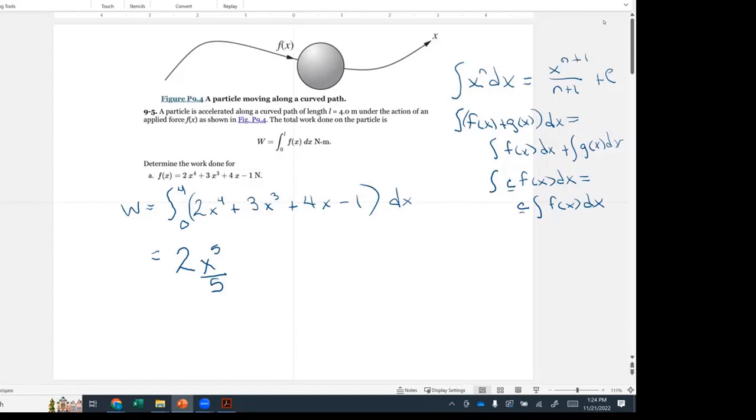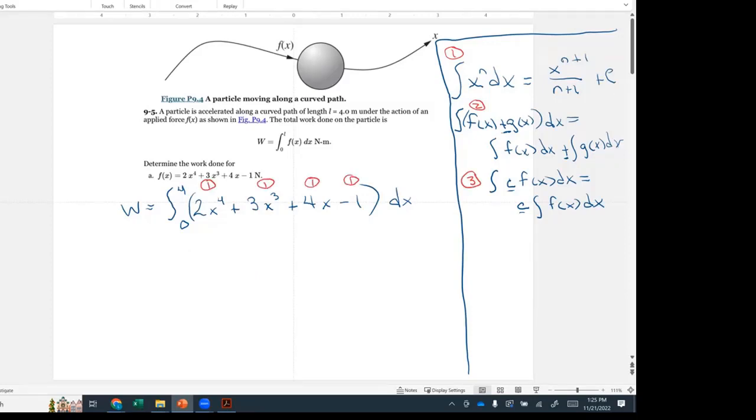So far, these are the formulas that we're going to be using, and if anything else comes up, I'll write it down. And this really is plus or minus. Let me call them 1, 2, and 3.